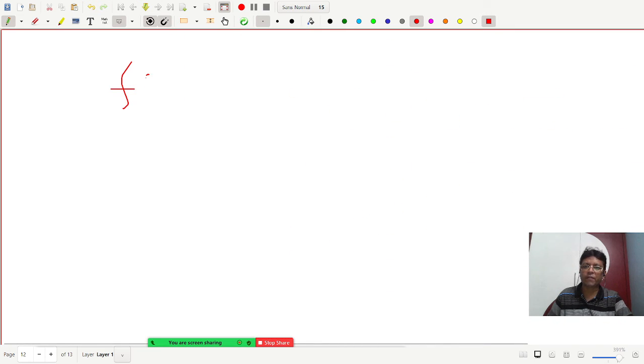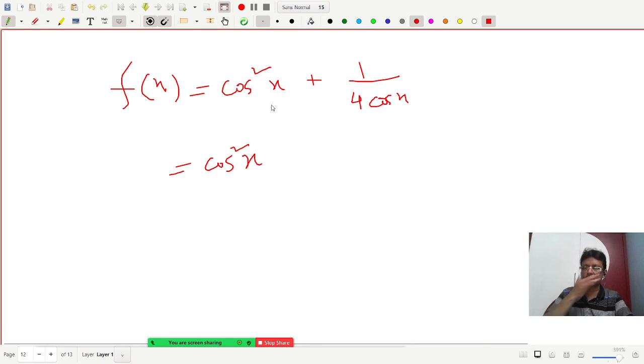So let me write f(x) here. Your f(x) is cos²x + 1 by 4 cos x. Now I need to cancel cos²x anyhow, otherwise I cannot find the minimum value.